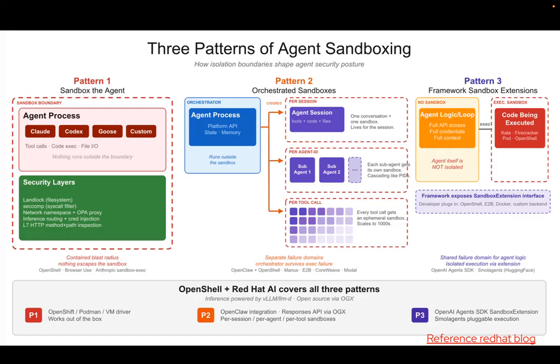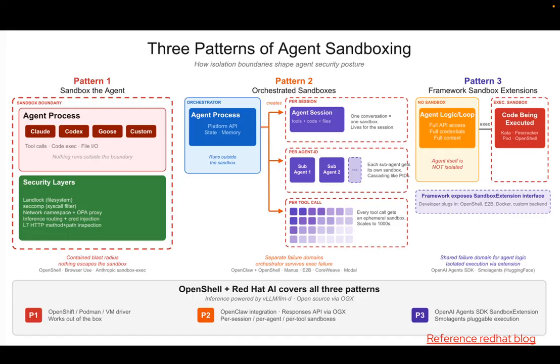You can also notice that pattern 2 can run in a scaled way, either per sub-agent or per tool call. You can have a separate agent sandbox environment. You can run them in parallel as well.